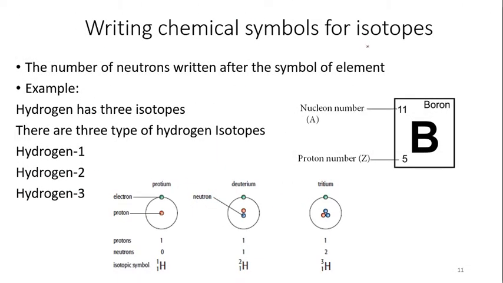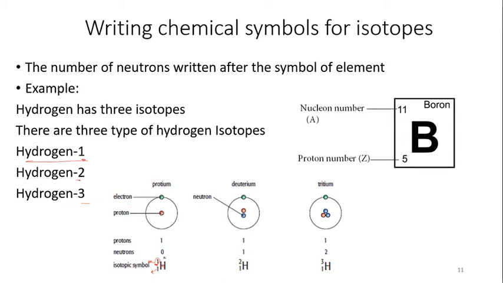Writing chemical symbols for isotopes. Isotopes can be written in two ways. Here we have an example: hydrogen has 3 isotopes. Either it is written as hydrogen 1, hydrogen 2 or hydrogen 3, according to the number of nucleons, or we can write it as a symbol. We take the symbol of hydrogen, H, with the mass number on the top and the atomic number on the bottom left-hand side of that symbol.